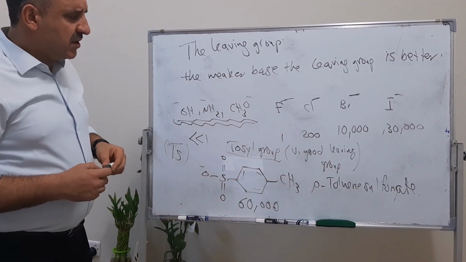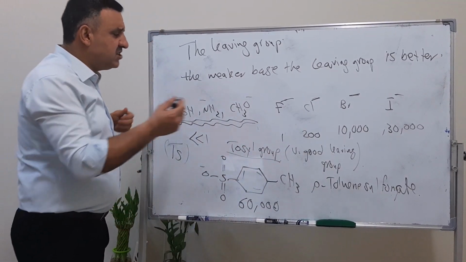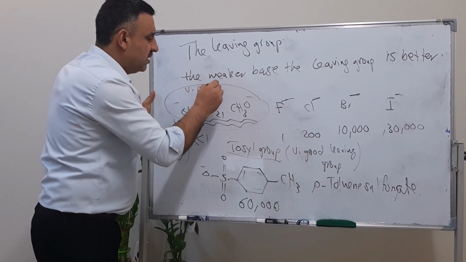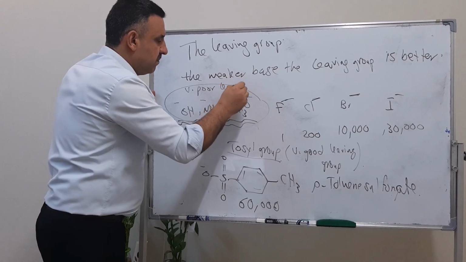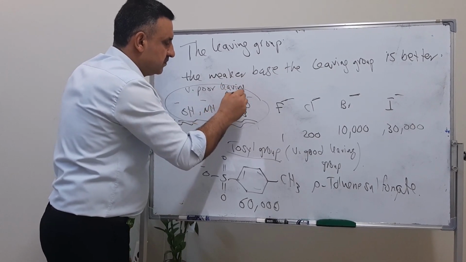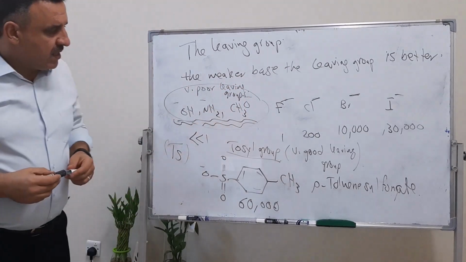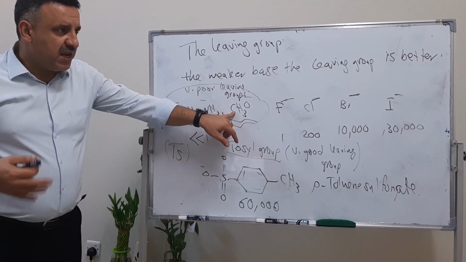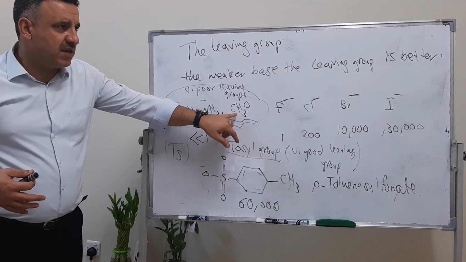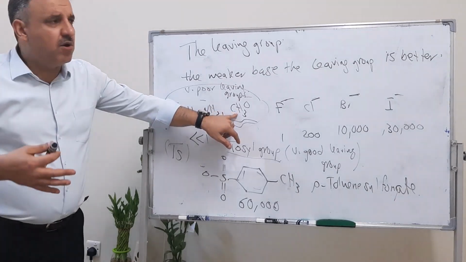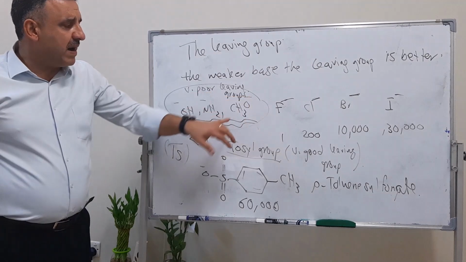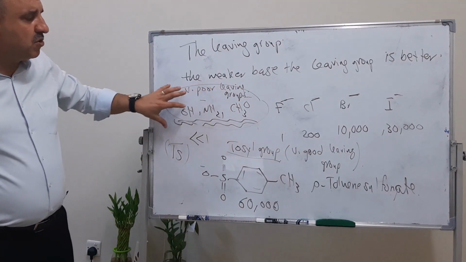Anyway, that's the difference in the reactivity. These groups, we call them very poor leaving groups. Do you follow me? Groups like OH minus, NH2 minus, any alkoxide like CH3O minus, ethyl O minus, propyl O minus, any alkyl attached to O minus will be a very poor leaving group.